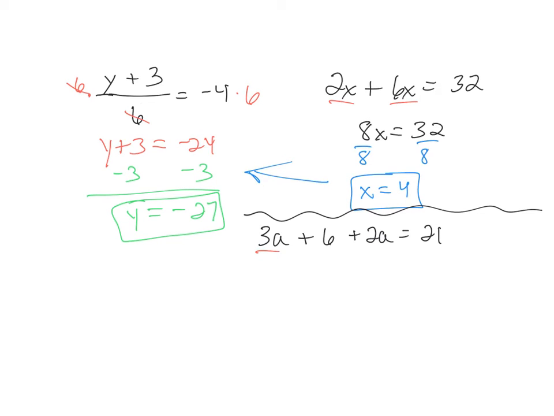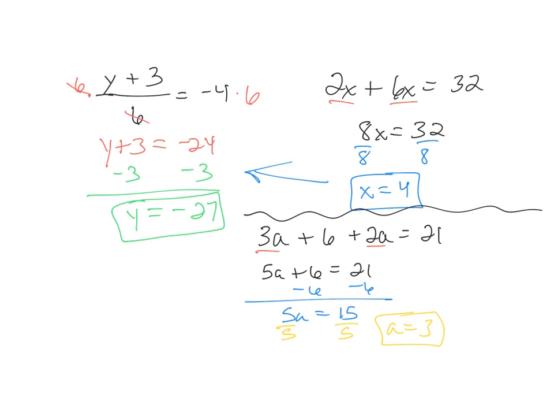I can combine 3a and 2a. And now it's kind of like the problems we did before. So I'm going to subtract 6. And then I'll divide by 5. Okay.